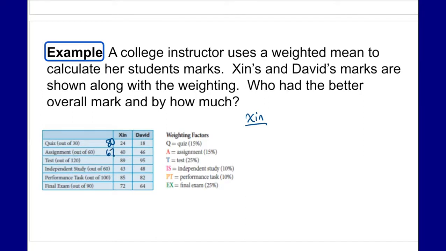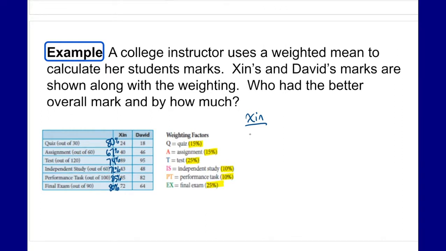For the test, 89 out of 120, we had 74%. 43 out of 60, 72%. 85 out of 100, 85%. And then 72 out of 90, or again, another 80%. So those are the components, and then we're going to multiply them by the specific weight factor.